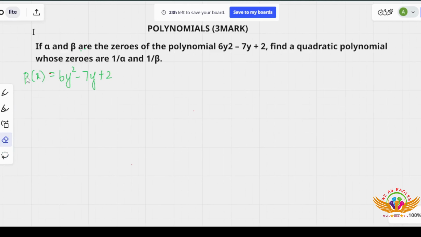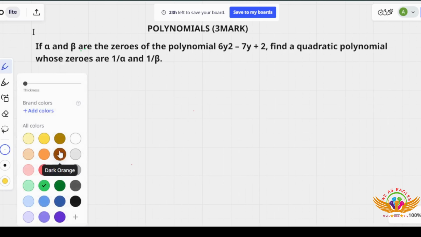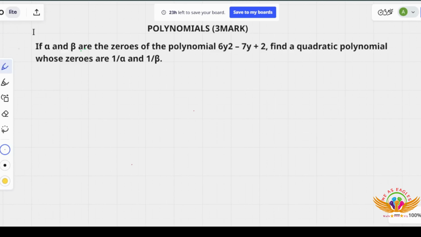So yes, we need to write it as p of y because they use the variable y. Okay, done. So p of y is equal to 6y square minus 7y plus 2.